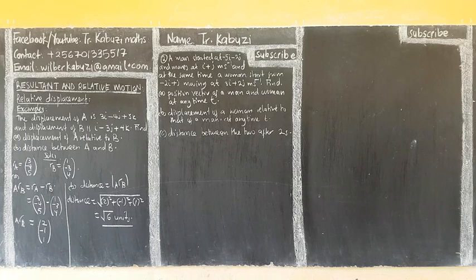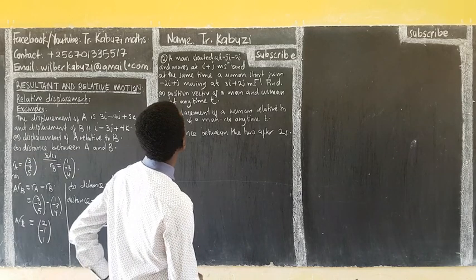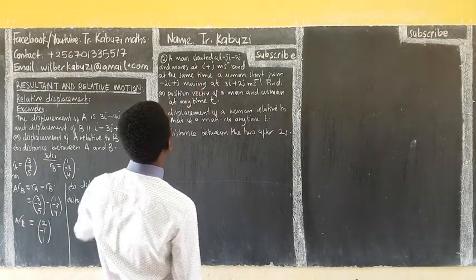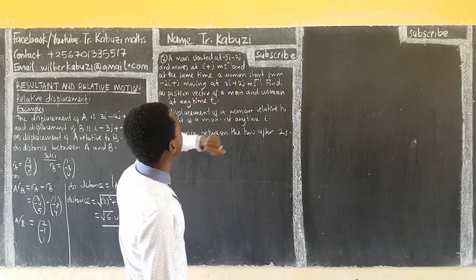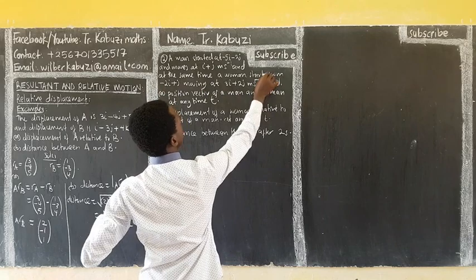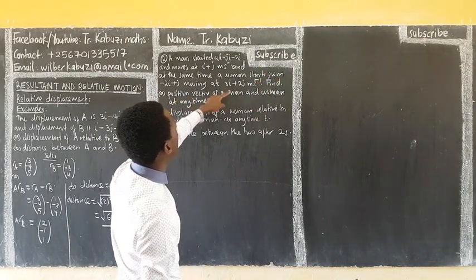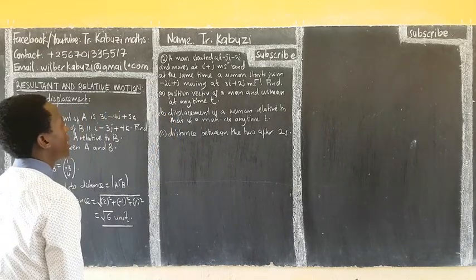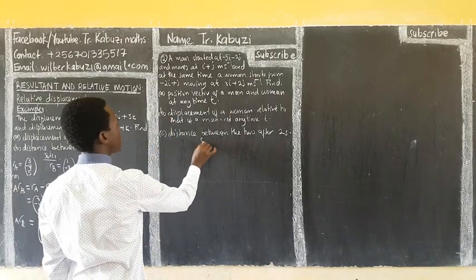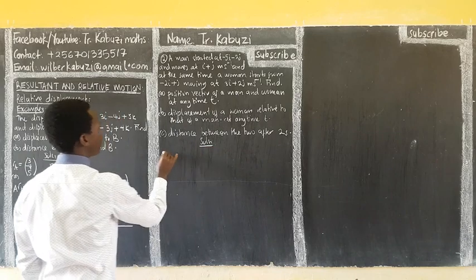Okay, let us come to this. A man started at this and moves at this many meters per second, and at the same time, a woman starts from this moving at that. Find the position vector of a man and a woman at any time t. Okay, we have our man here.